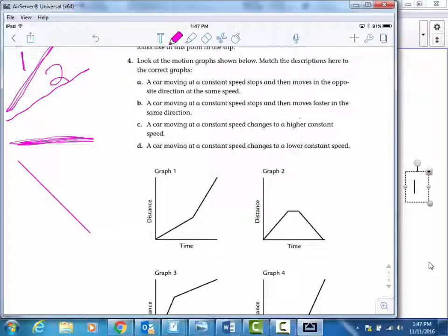Line 1, because it's going more miles in a shorter amount of time, right? More miles in a shorter amount of time. Okay, so the steep line is faster. All right, so I'm going to leave those up there. Do number 4, A, B, C, and D. All you have to do is put the letter right on the graph, okay?